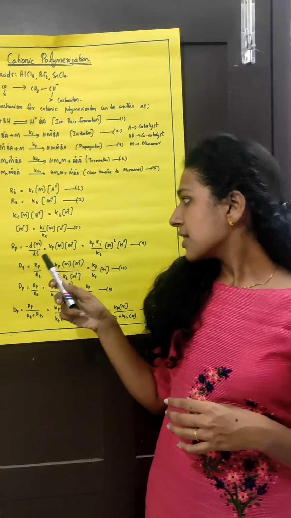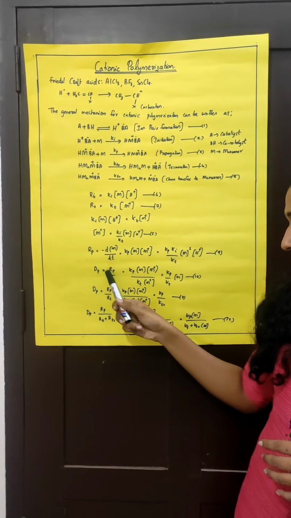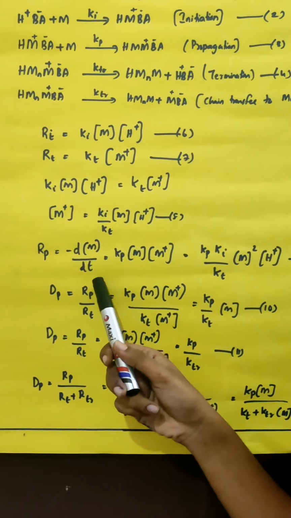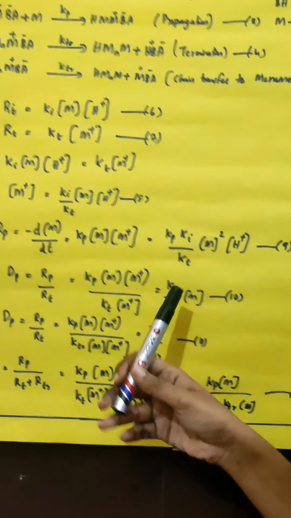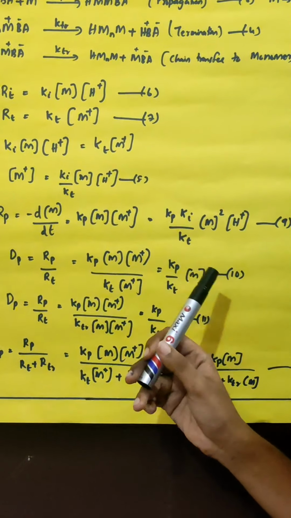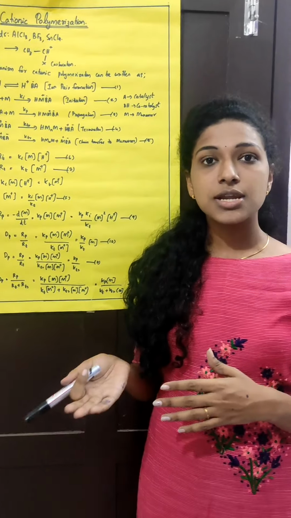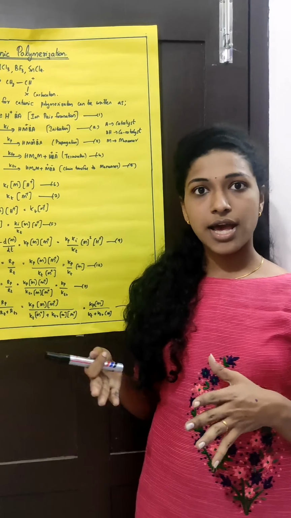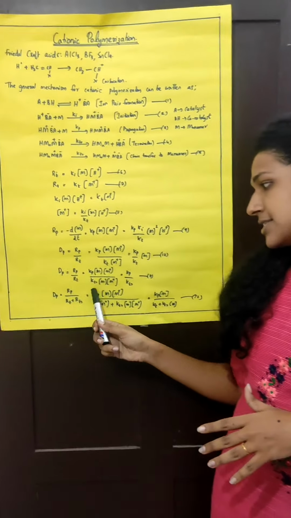From these equations we can write these two degrees of polymerization, and we get equation number 10 and equation number 11. When simple termination and chain transfer termination are combined, we get this equation.